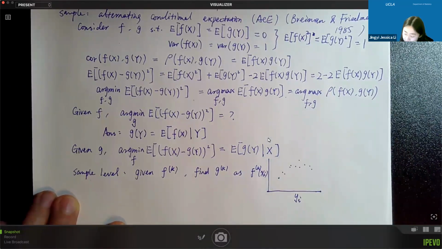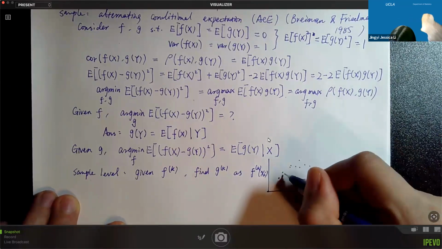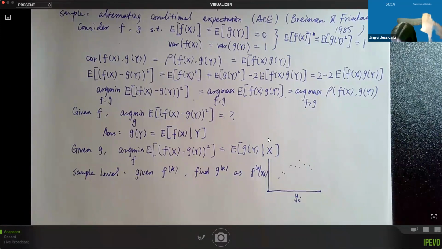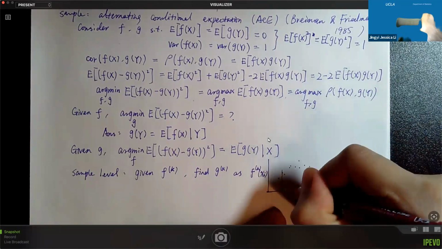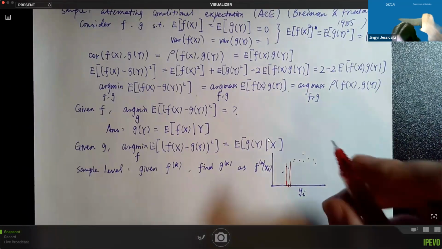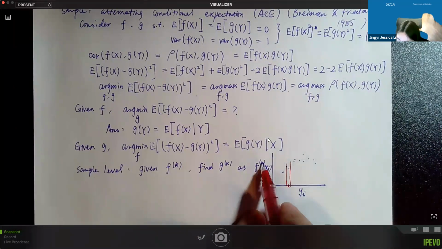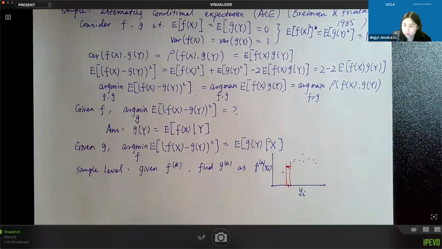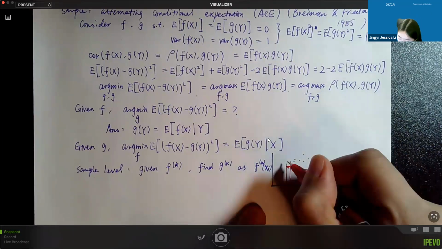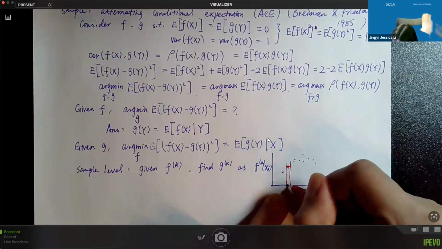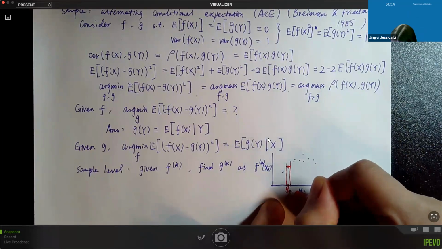Then for every neighborhood of y_i, you do this. This means that you are conditioning on a particular y_i, and then you take the expectation of f_k(x). That will be the average of the points in the neighborhood, and that will be what you call g. So let's say this is y_3.